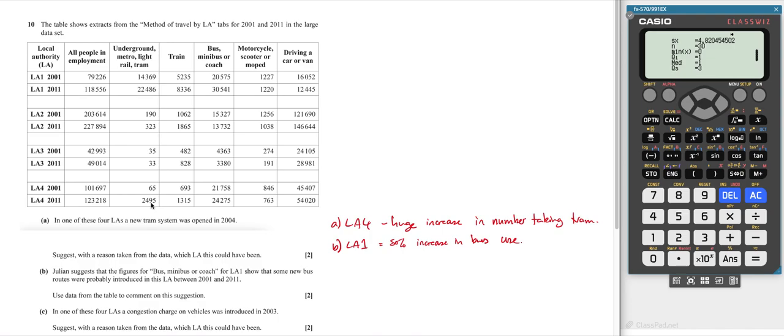However, the population increase is, what's that?